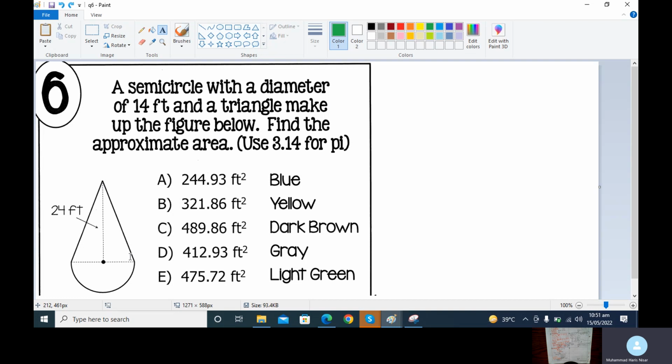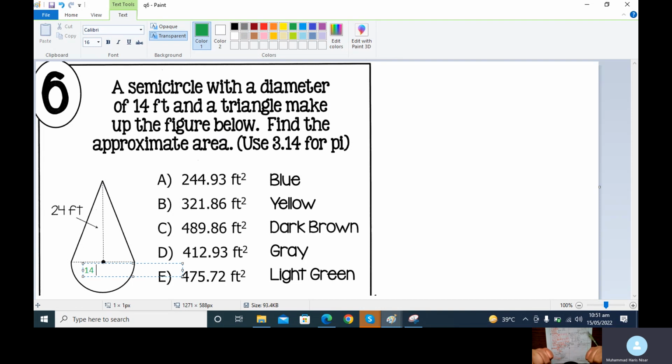Means this semicircle is this one and the triangle is this one. So these two figures make up the complete diagram, and the parameter mentioned is the diameter is 14 feet, this complete length. So we write it here as 14 feet diameter.